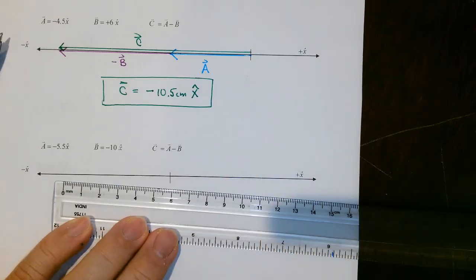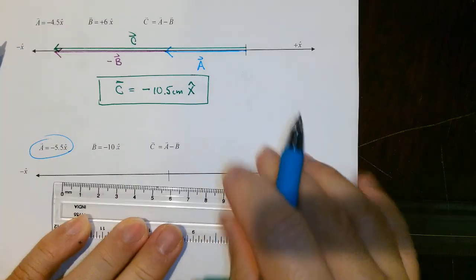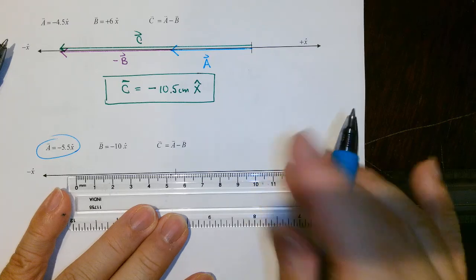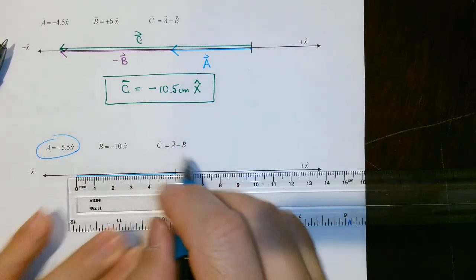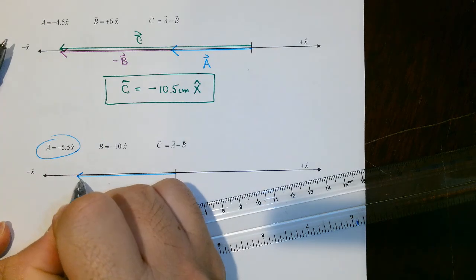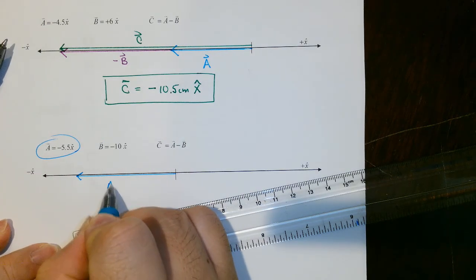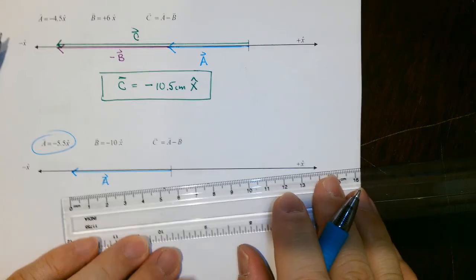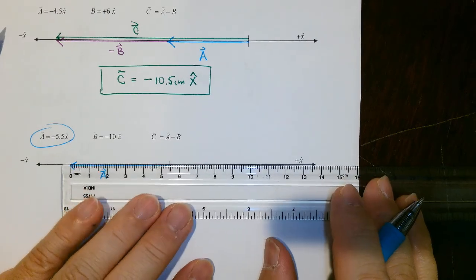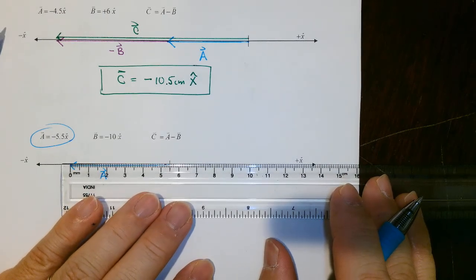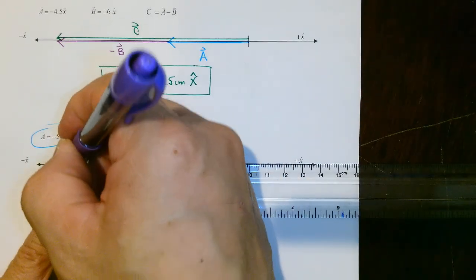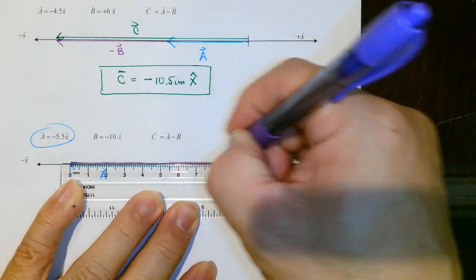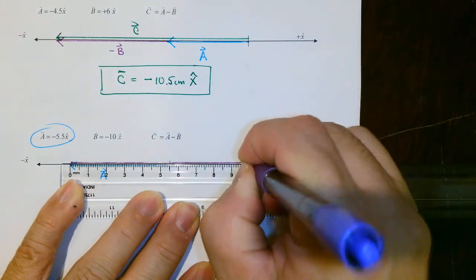Last one. My a vector is equal to negative 5.5. It's my a vector. My b vector is going to be negative 10, so I'm adding the negative b, so it becomes positive 10 from the tip of my a, like so.